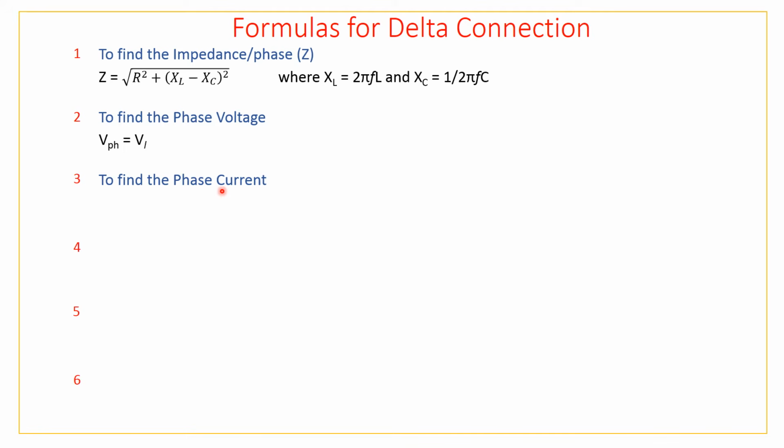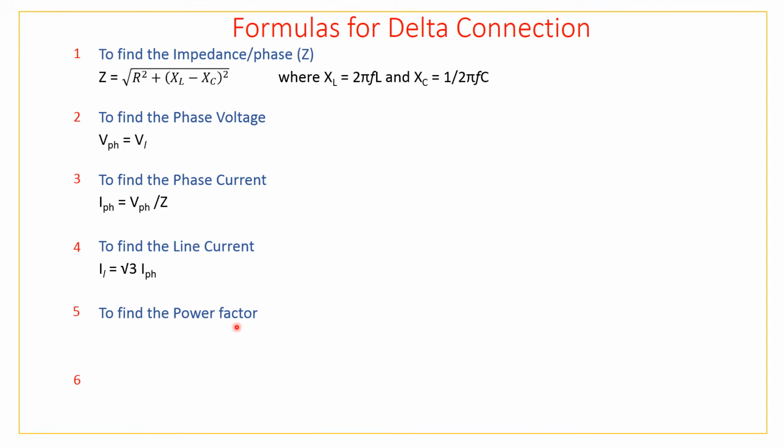Next is to find the phase current. Here I phase is equal to V phase by Z. The formula remains same. Next is to find the line current, but here line current is equal to root 3 times phase current. So this is one of the changes here, and even this is one of the changes under delta connection. So these two changes must be noted.